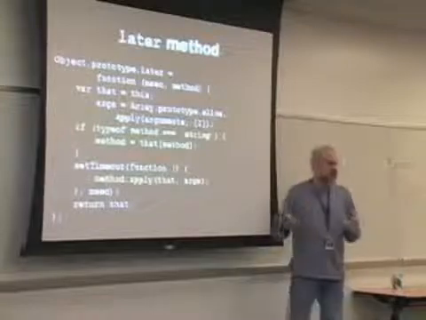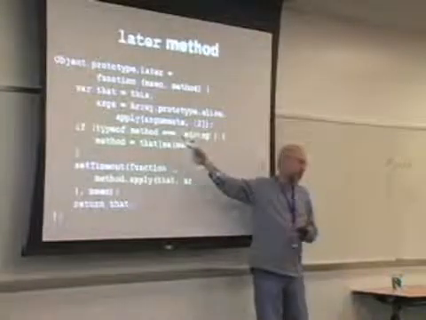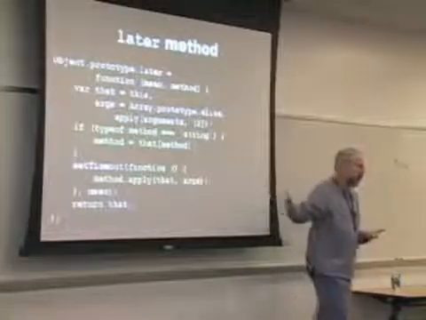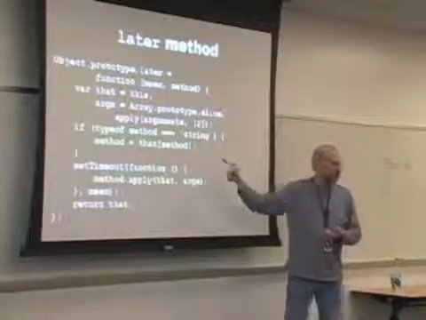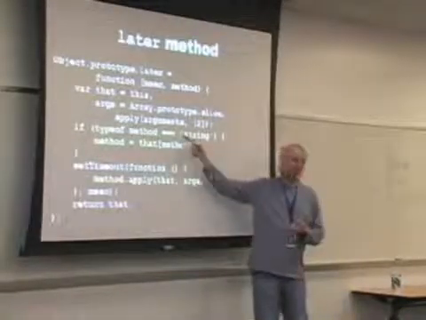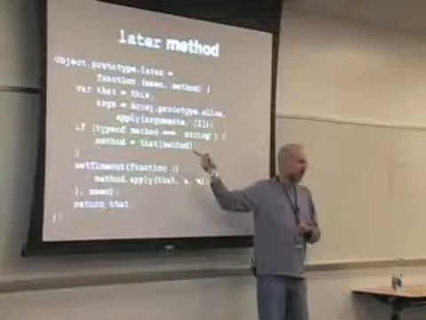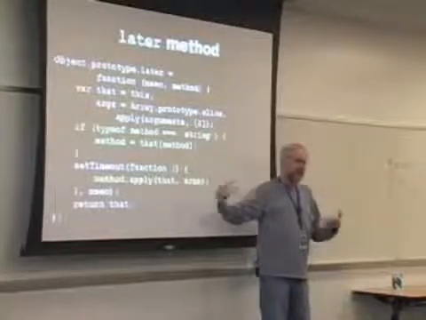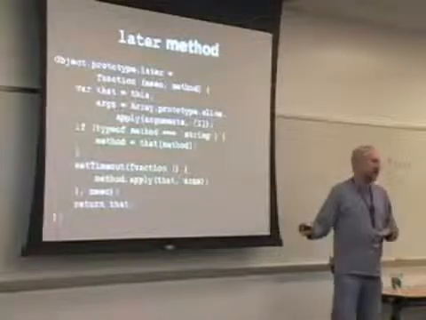Now, in the original JavaScript, the arguments array wasn't an array, it was an object, because they didn't have arrays in JavaScript. And when they added arrays to the language, they forgot to fix that. So arguments continues to be an array-like object. It has a length property, but it doesn't have array nature. And in particular, it doesn't have the array methods, which is a shame because I want to treat it like an array.